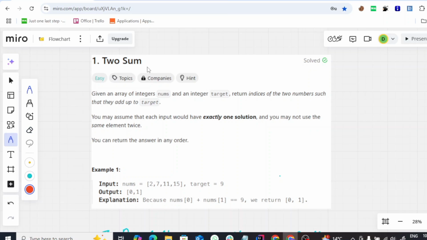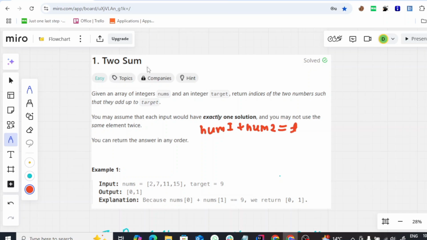After reading the question, you have to write one equation for whatever you are able to understand. So I got one equation from this question. The question is saying that we need to find two numbers, num1 and num2, whose sum is equal to the target.